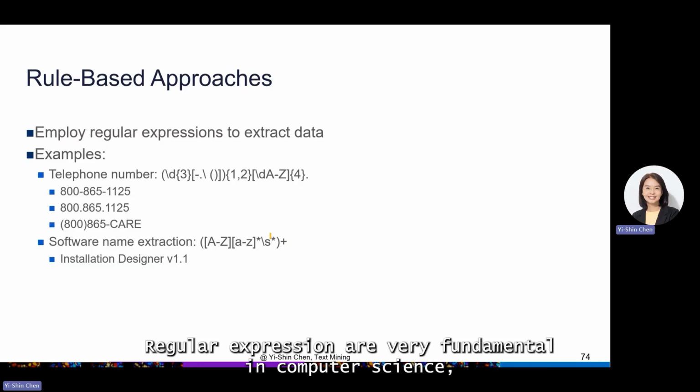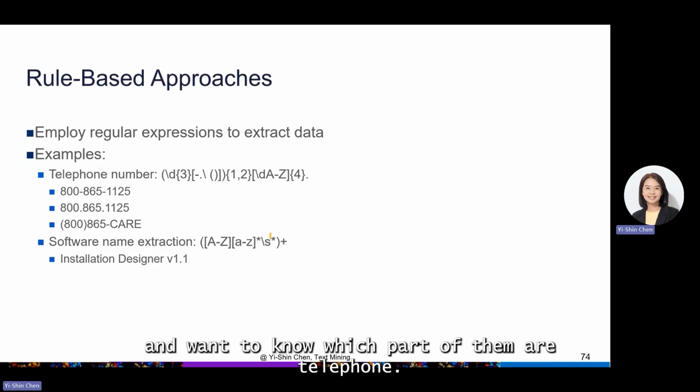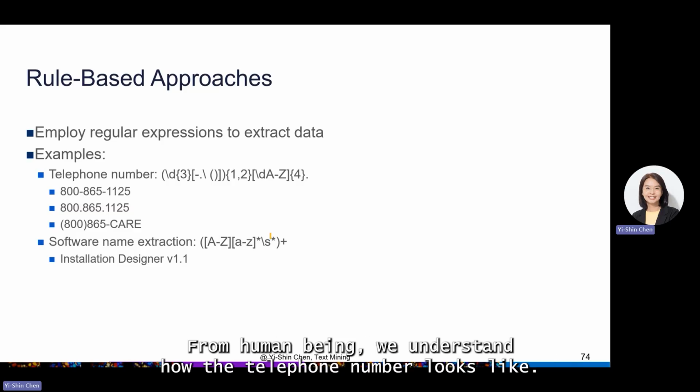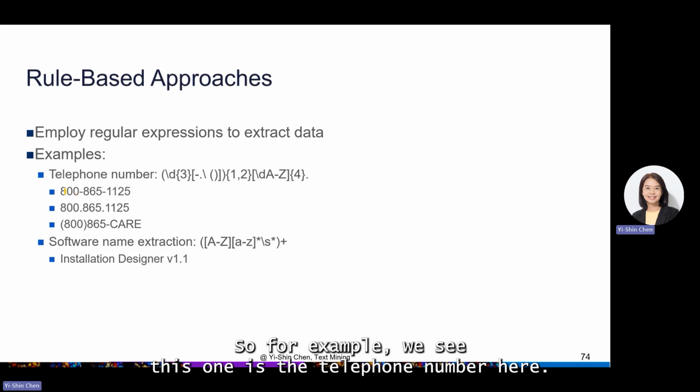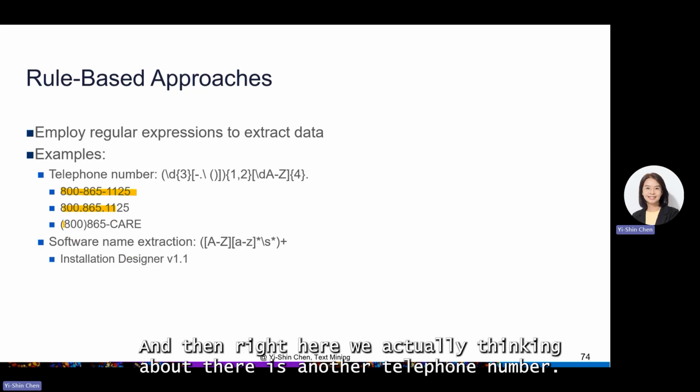Okay, regular expressions are very fundamental in computer science, especially when people want to process a certain corpus and want to know which parts of it are telephone numbers. As human beings, we understand what a telephone number looks like. So for example, we see this one is a telephone number. Here's another telephone number. And right here, there's another telephone number.